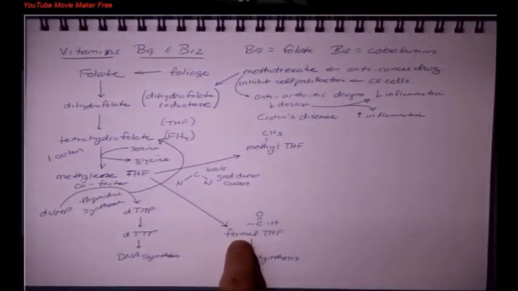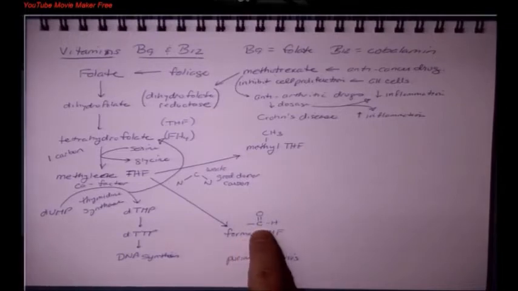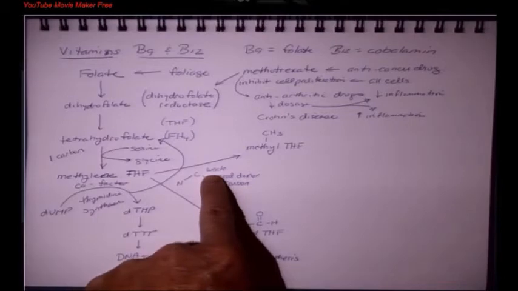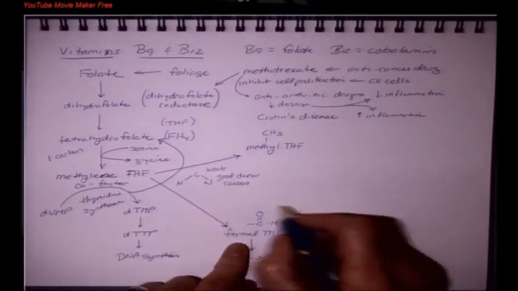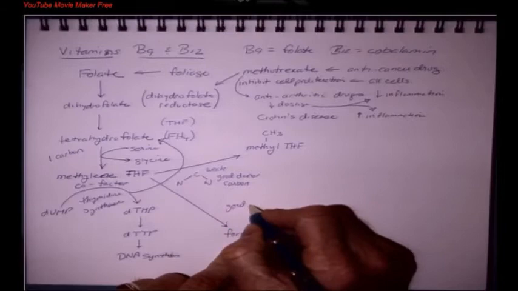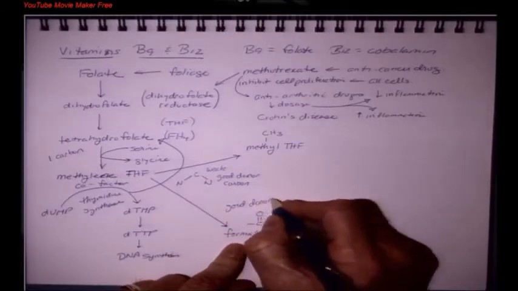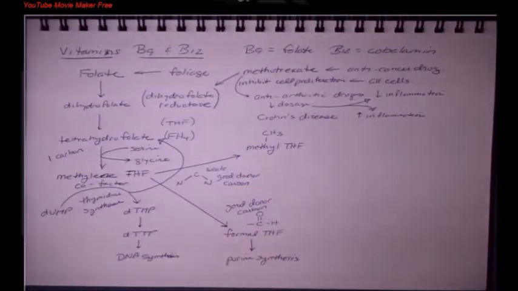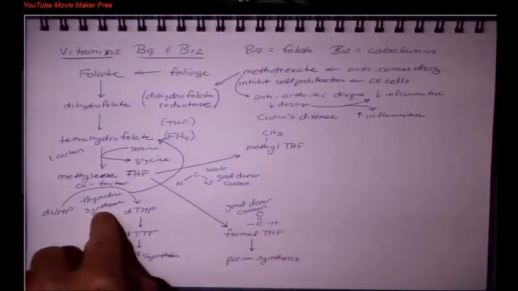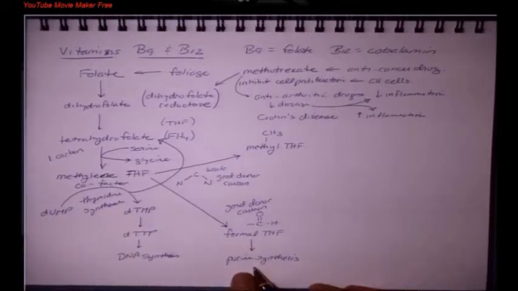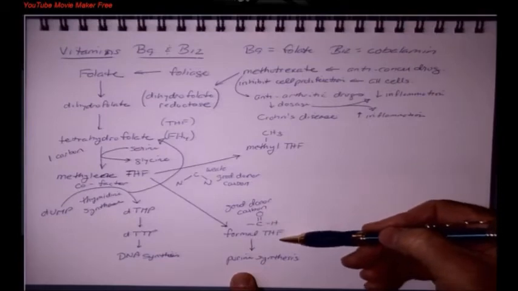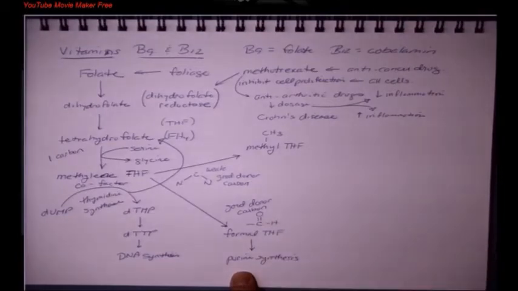Now, the formyl group is a little bit stronger bond, but this still represents a good donor of that single carbon. So it means the same principle as thymidylate synthase. The enzymes for purine synthesis can take this carbon off of the tetrahydrofolate, put it onto the purine rings, regenerating tetrahydrofolate. Everybody's happy.